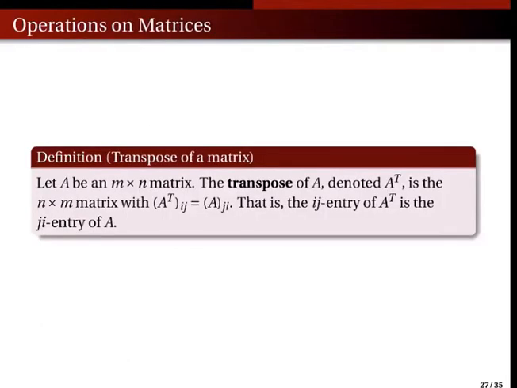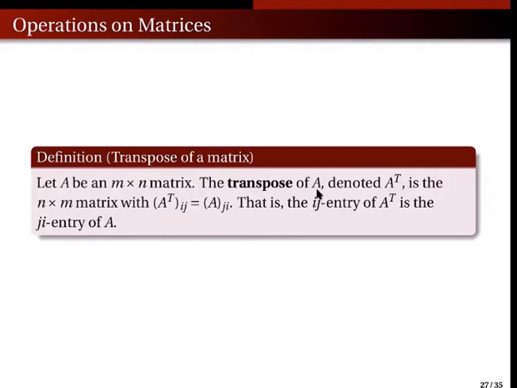Now, let us look at some of these definitions. Let A and B be m by n matrices. These are additional operators for matrices. So let A be an m by n matrix.